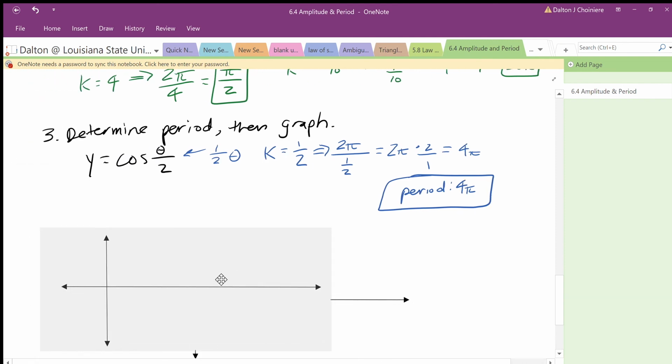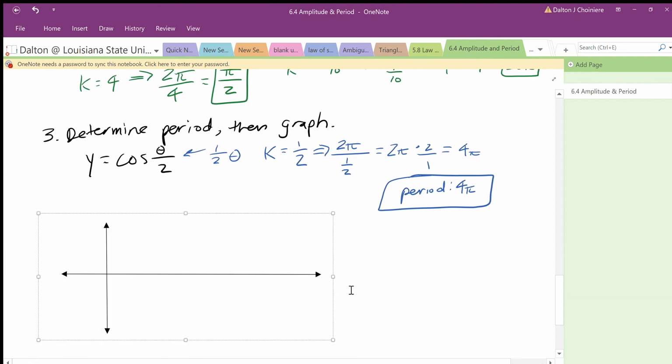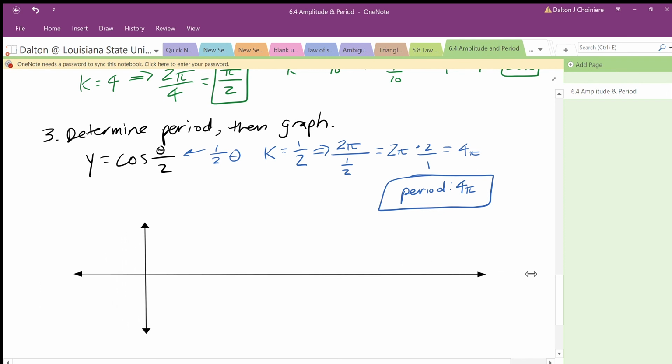So let's graph that and see what that looks like. I already know if I'm going to label my axis, I'm going to stretch this, so I'm going to have to go beyond 2 pi. Now, my amplitude has not changed, right? There's no number in front of the cosine. Therefore, I know my amplitude is still 1.